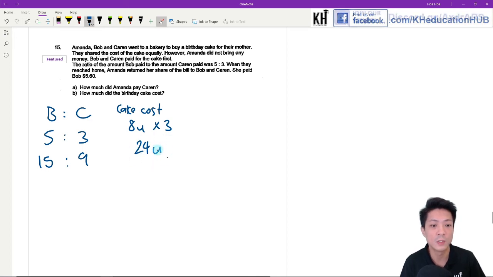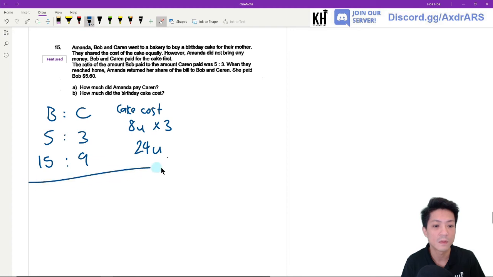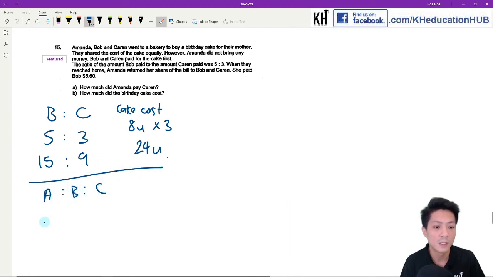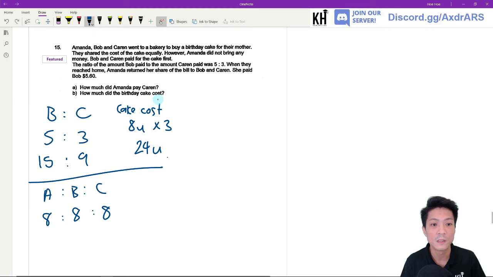Now we know that originally each of them is supposed to pay 8 units, right? Because originally A to B to C would be 8:8:8, which makes up the 24 units.